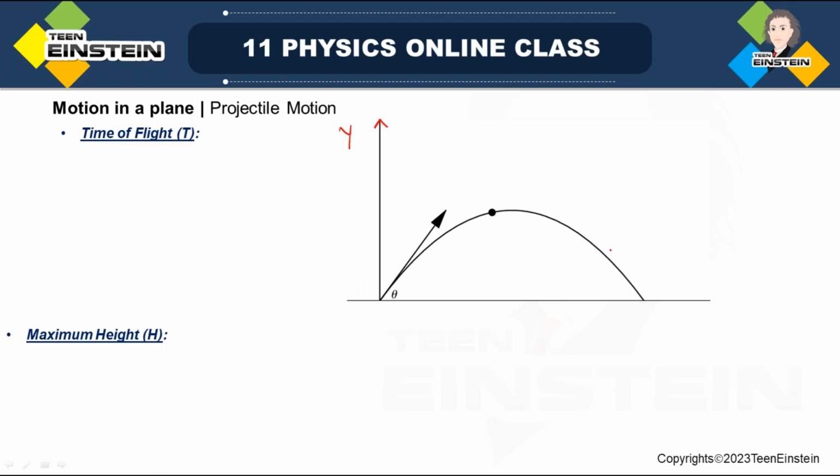So as usual, I have taken the y-axis along the vertical direction and the x-axis along the horizontal direction. And suppose a particle or a projectile has been given a velocity u, making an angle theta with the horizontal. Now, as I showed you, the particle will attain a maximum height in the vertical direction, and then it will be coming down to the ground again. This is the point where it comes down.